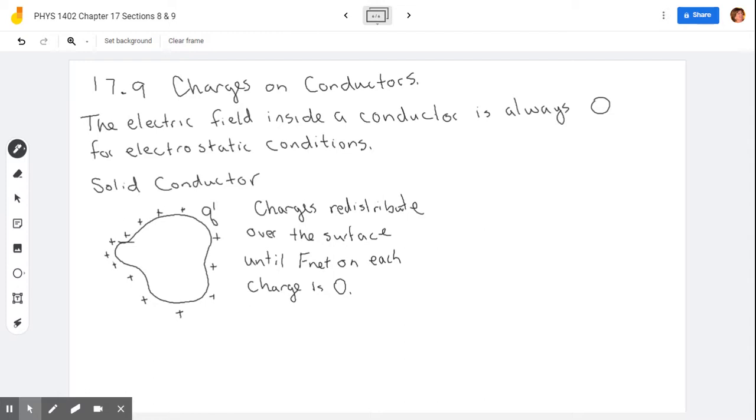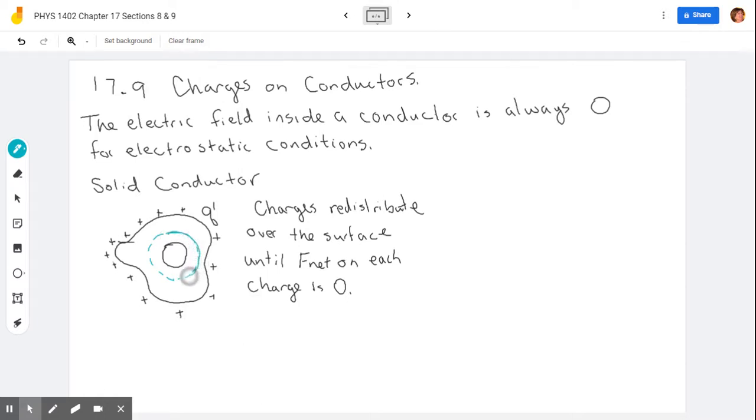Now, if we take that and put a hole in the middle, I'm going to make a cavity. So there I have just an empty hole inside my surface. And I want to draw a Gaussian surface in a different color. So here is a Gaussian surface. I guess I could have drawn it solid since I'm using a different color.